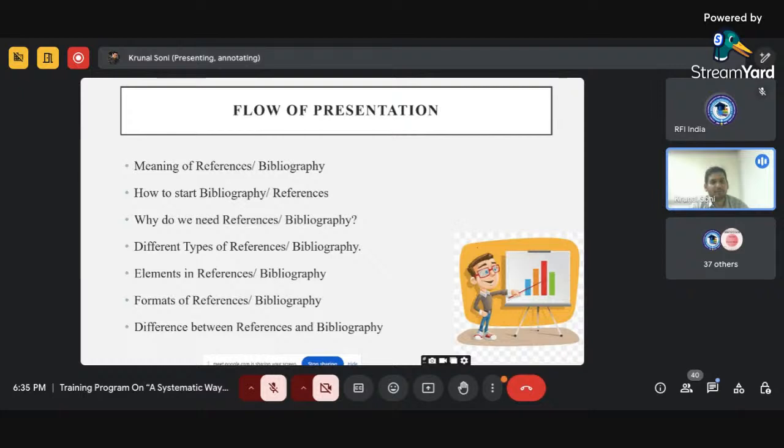Then it is very important that we understand the actual reasons why we are collecting the referencing and bibliography in our research.